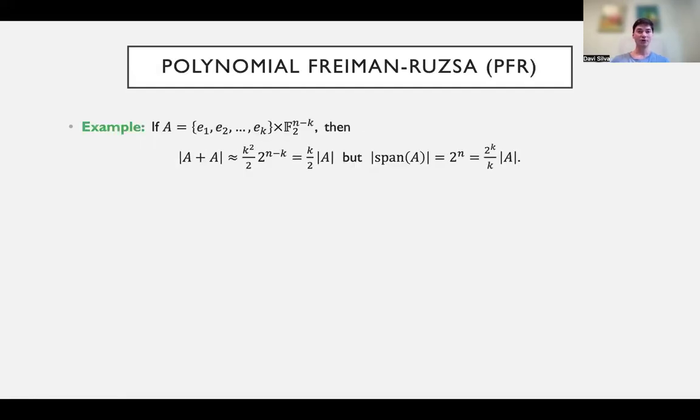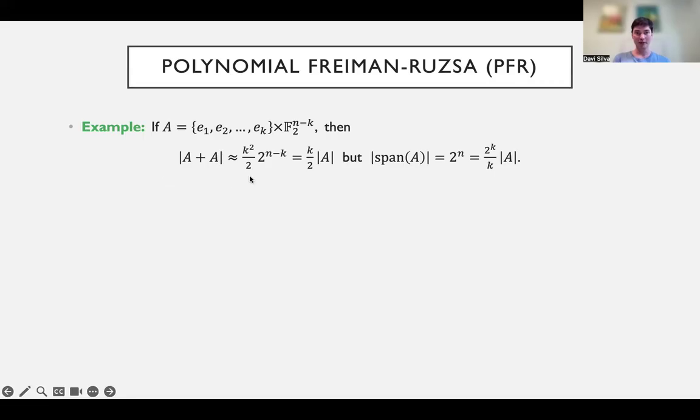So in this example, the set A we consider is the set of all bit strings where on the first k coordinates you have only weight 1 vectors, and the rest is 0, while on the last n minus k coordinates you can have anything. So it's written like this.